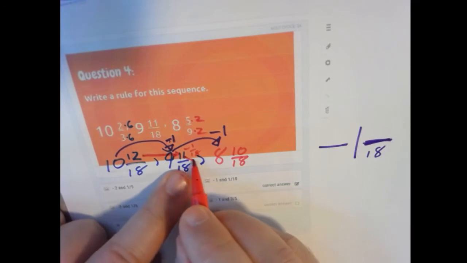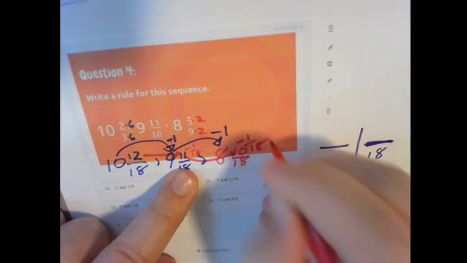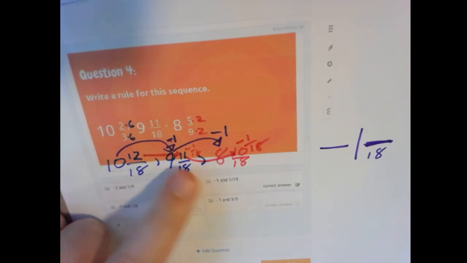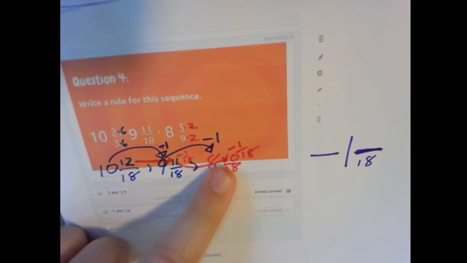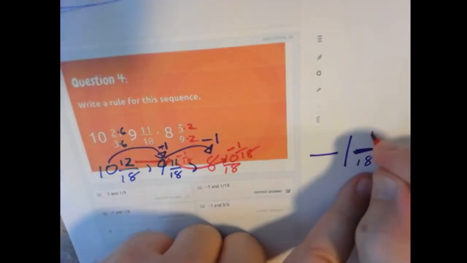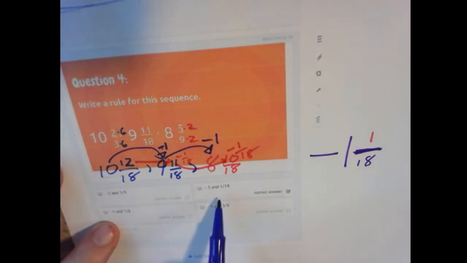And how about from 11 to 10? That's also, again, minus 1/18th is the change, right? From 12/18 to 11/18 to 10/18. So it's losing one whole number and minus 1/18 each time. So the rule for this pattern would be minus 1 and 1/18.